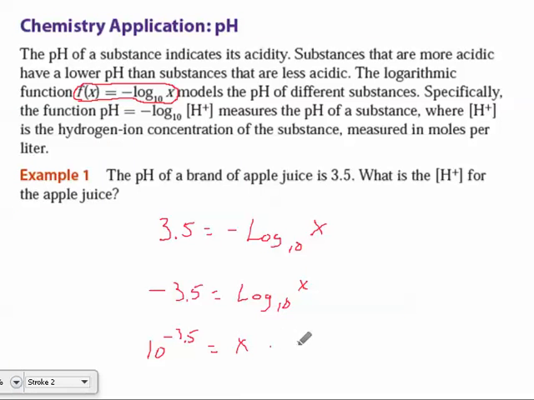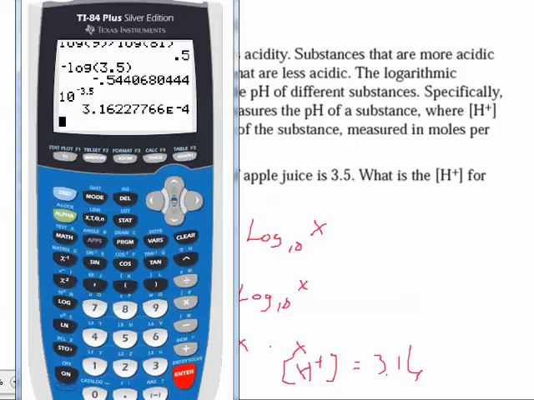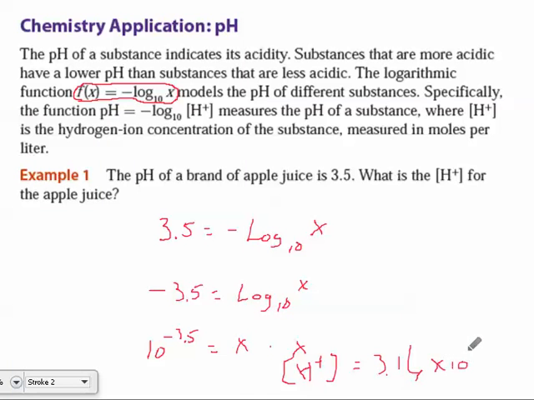And so my x, my H plus in this situation, which is what they were looking for, was 3.16 times 10 to the negative fourth. Very, very small number. That's the number of hydrogen ion concentrations in moles per liter. Small number. Well, we're talking about a mole of a substance. It's not going to be very much.